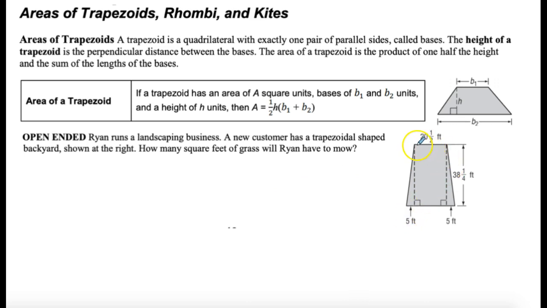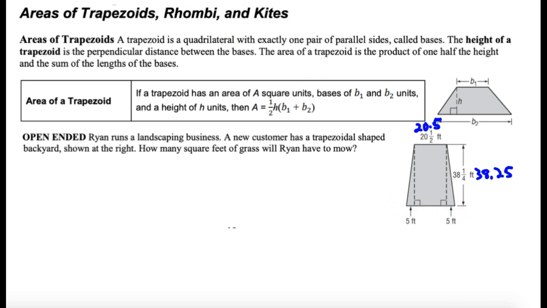One base of the trapezoid is 20.5, if we want to turn that into a decimal. Then the height, the distance between the bases, is 38.25, if we write that as a decimal.